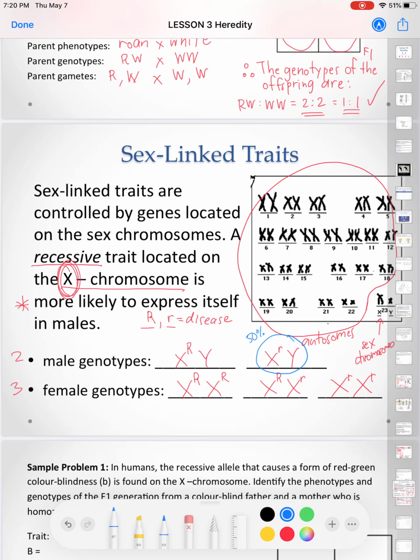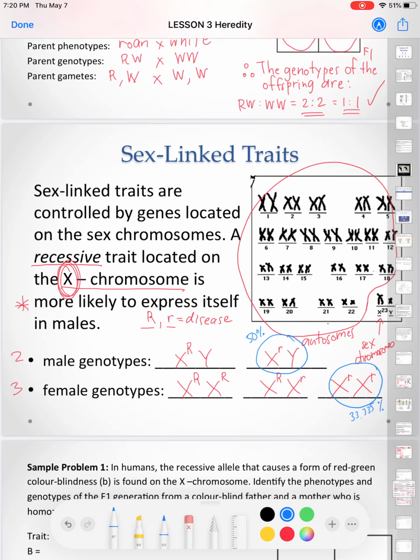Males would have a 50% chance of getting this disease. But for females, the only way we could get this recessive X-linked disease is if we had the homozygous recessive genotype. And that's a 33.3333 and so on percent chance.